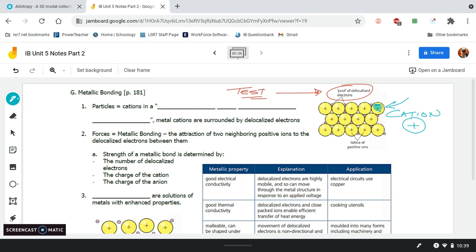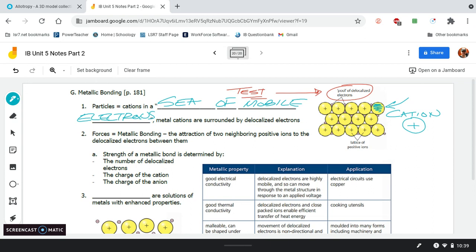You have a cation in a sea of mobile electrons, meaning all of these cations have all of these electrons kind of swimming around.